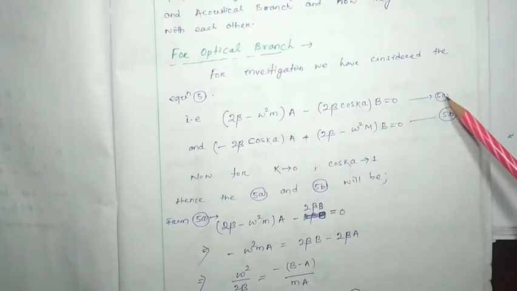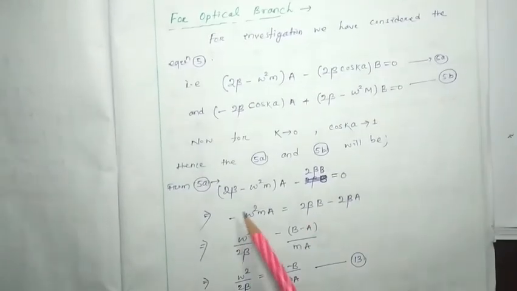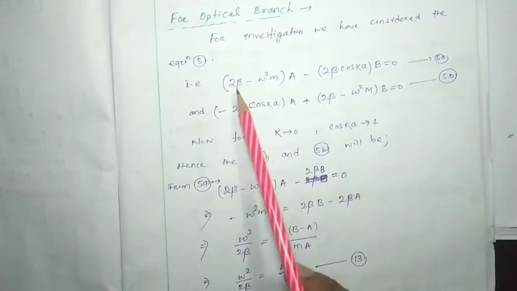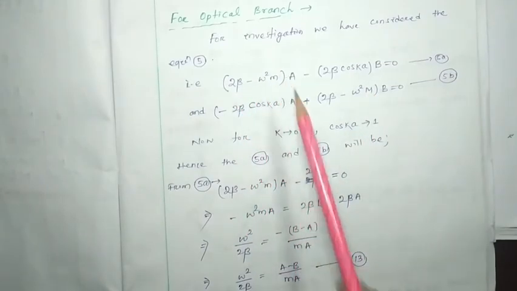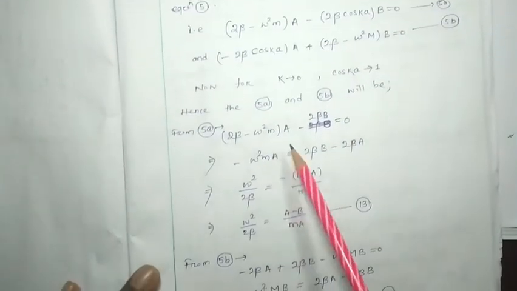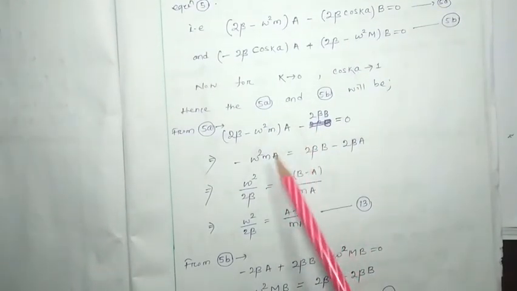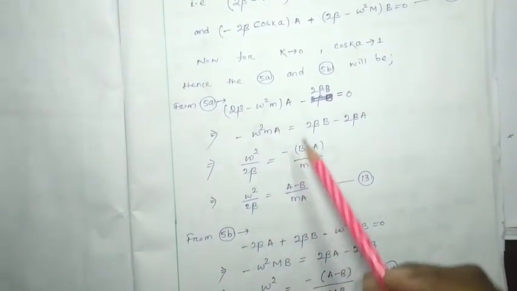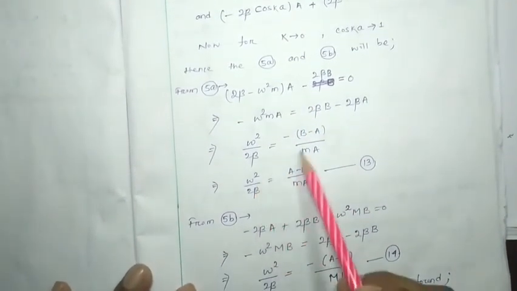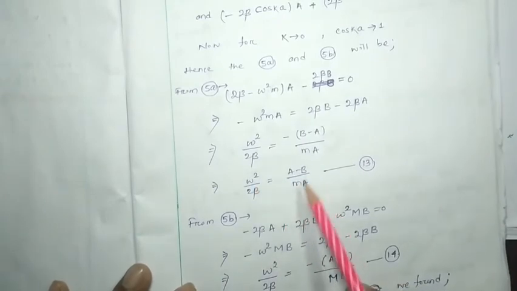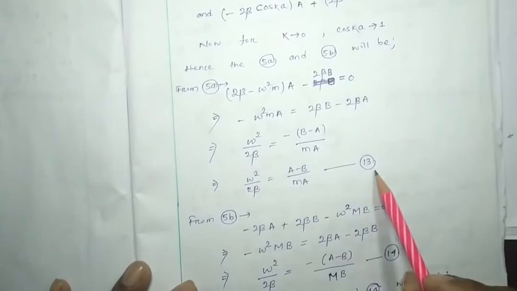Then equations 5a and 5b become: 2 beta minus omega square m a, into A, minus 2 beta B is equal to 0. By solving this you can pause the video and write it, it is easy. You will find omega square by 2 beta equal to A minus B by mA. Let this be equation number 13.